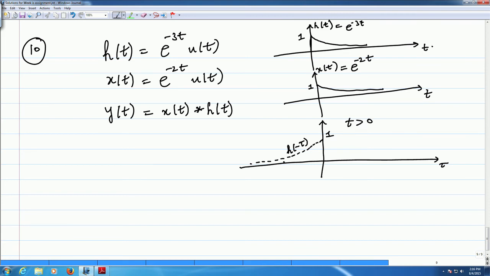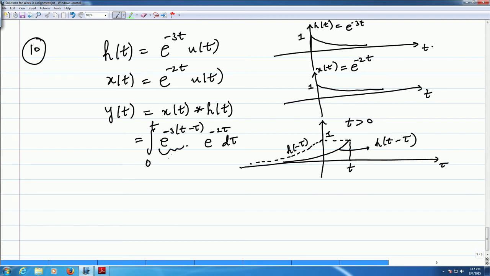So, if you do that, you will get something like this. Okay. So, this is the shift by t, okay. It is 1. So, this is h of t minus tau, okay. And then you multiply these two guys, you will simply get integral from 0 to t e power minus 3 times t minus tau times e power minus 2 tau d tau.